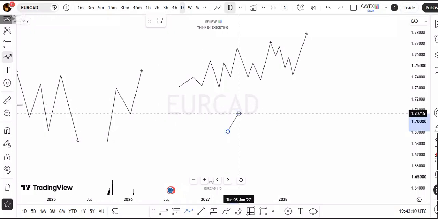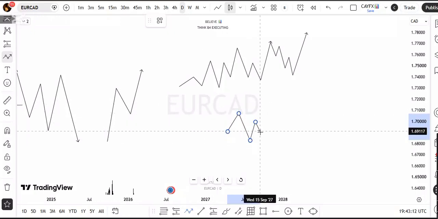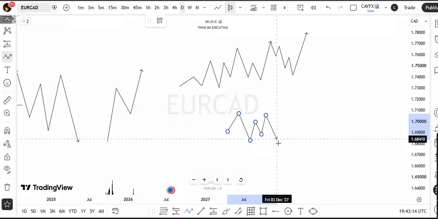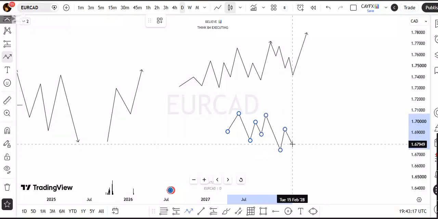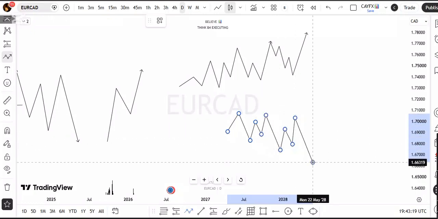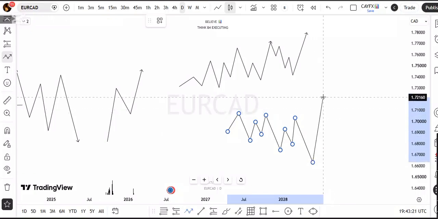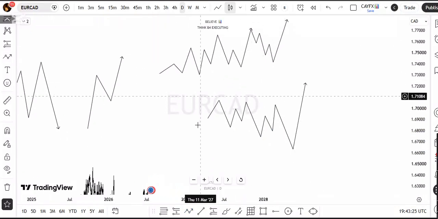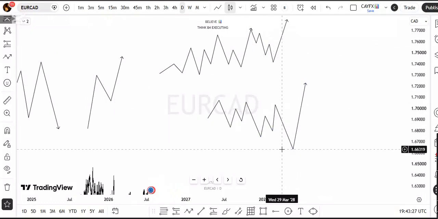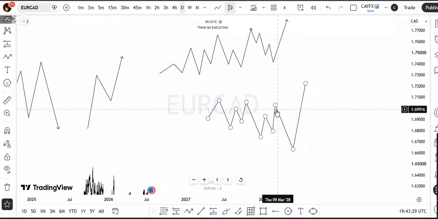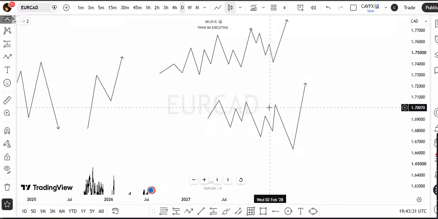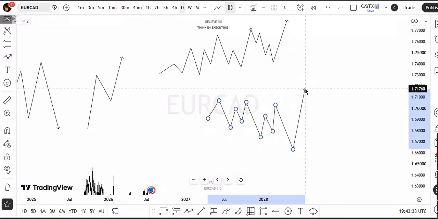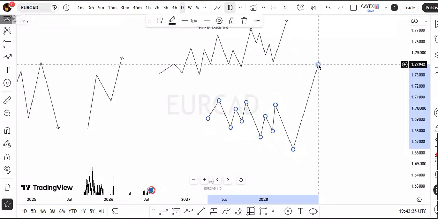If you go down to a lower time frame, you'll be seeing something like this: a break of structure on the downside. It got to a point of change of character. Whenever you want to know a change of character in a lower time frame to continue the trend, it must break out the recent lower low. Then it comes down, and you continue your buy.